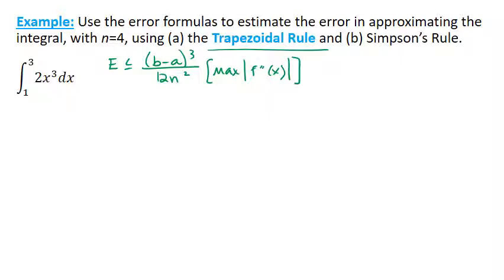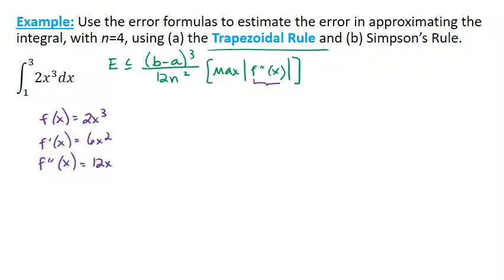Okay, so if this is the formula, this tells me I need to find the second derivative. So I'm going to say that f of x is 2x cubed. If f of x is 2x cubed, then f prime of x is 6x squared, and f double prime, I'm sorry, this is double prime, is 12x.